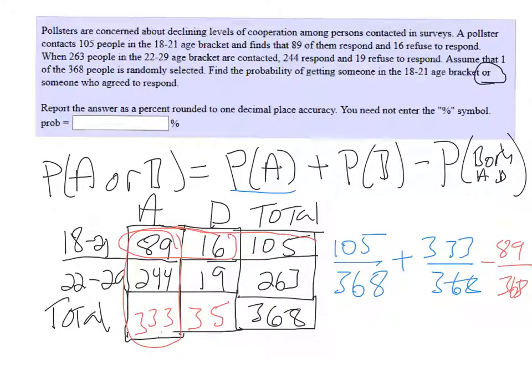Of course, because these fractions all have common denominators, all I really have to think about is 105 plus 333 minus 89, all over 368. So just calculate that numerator, divide it by 368, multiply it by 100, and that will be that probability. Okay?